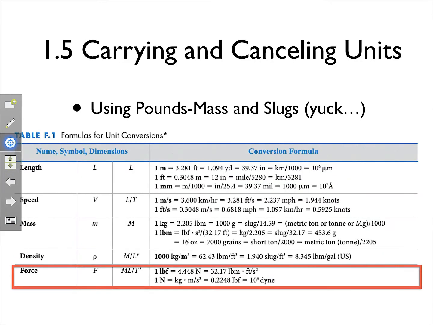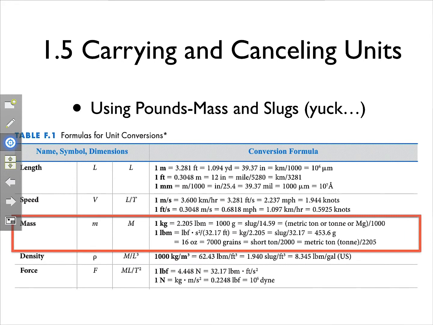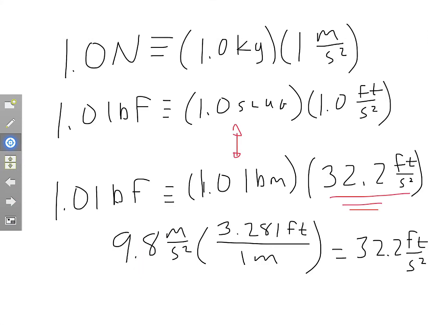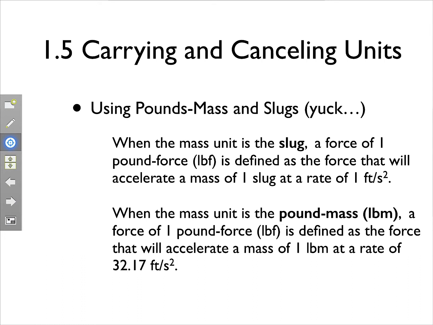But remember, when dealing with these masses, you can stick to the conversions, and if you use your grid method correctly, and pay very close attention when you're dealing with traditional units in force and mass, you're going to be able to get the right answers. So here's what I was just saying before, that a force of 1 pound force is defined as a force that will accelerate a mass of 1 slug at 1 foot per second squared, and 1 pound mass will be accelerated at 32.17 or 32.2 feet per second squared.